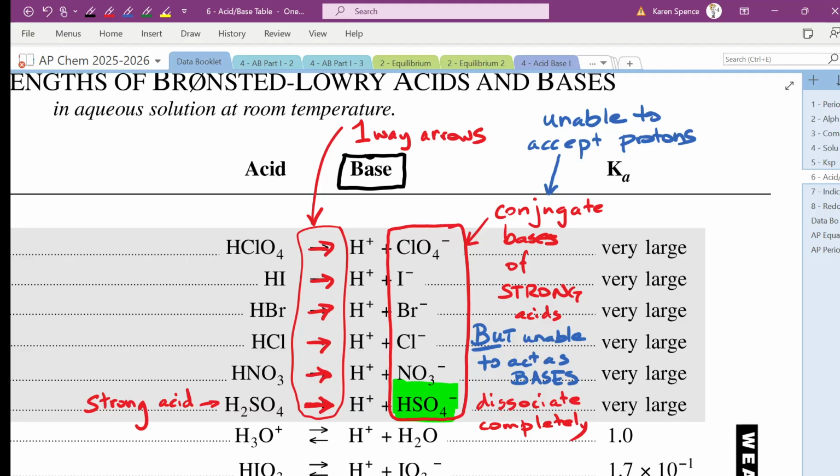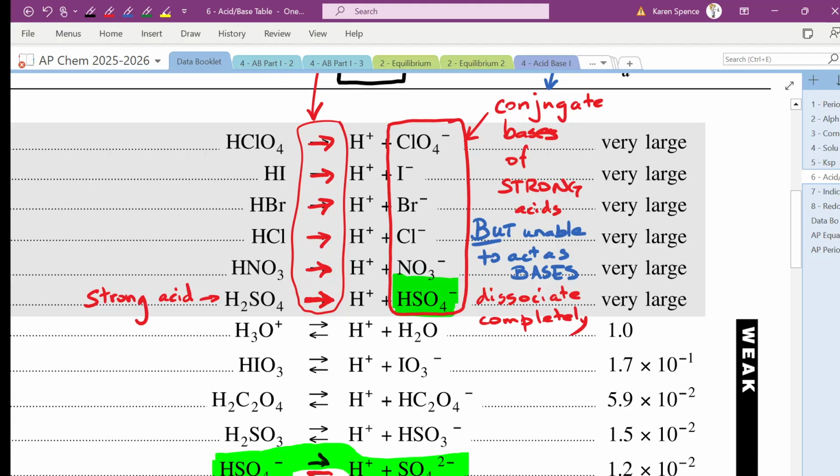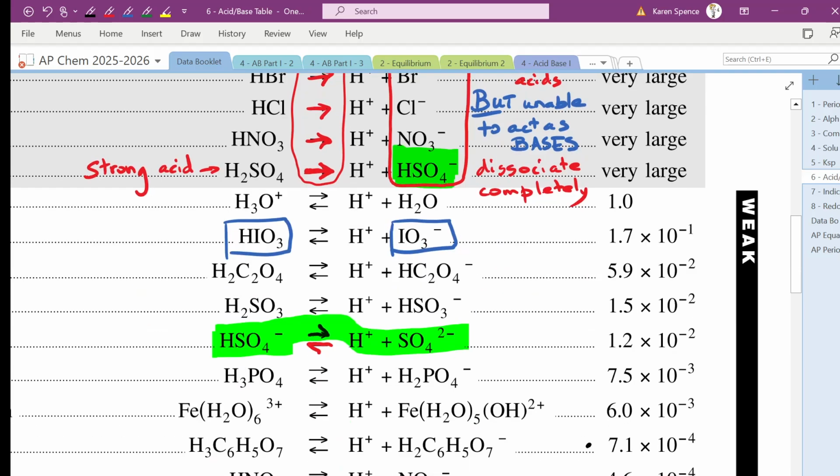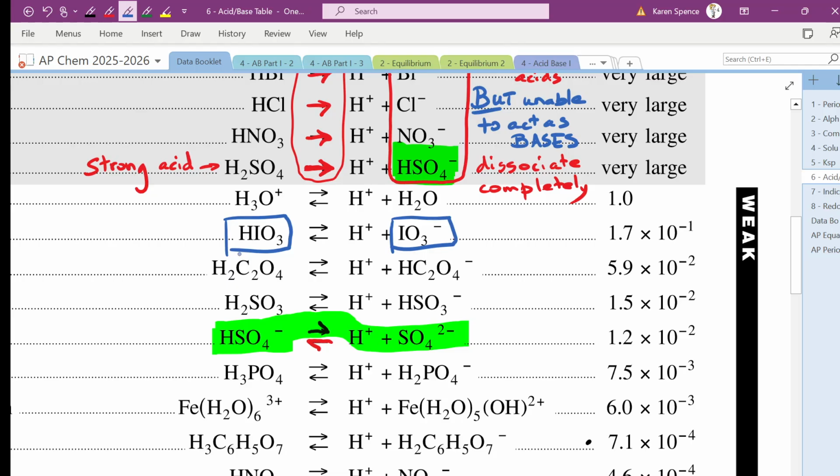Yes? So for the bases, for example, H2O and IO3, all of these guys here, HIO3 and IO3 minus, that is a conjugate acid-base pair. Everything on the left-hand side is the conjugate acid of the thing on the right-hand side. Everything on the right-hand side is the conjugate base of the thing on the left-hand side.